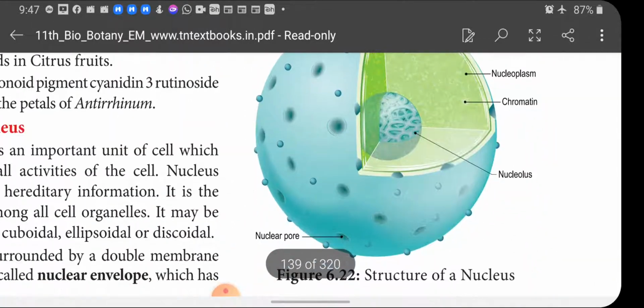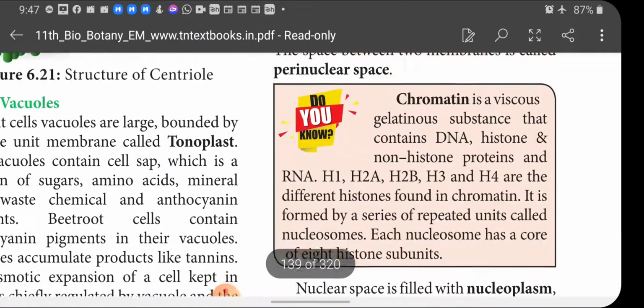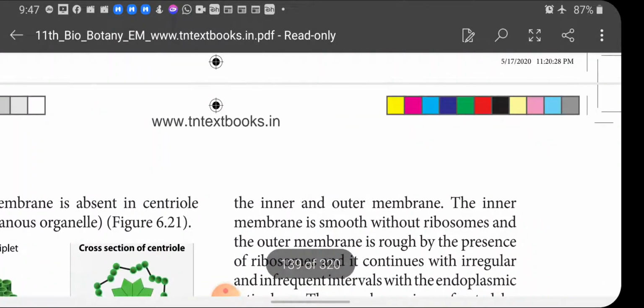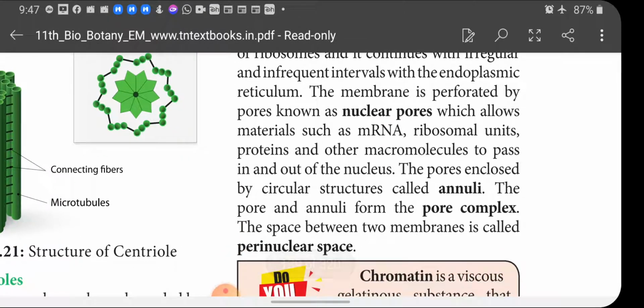It is shown here, the nuclear envelope. The nucleus is surrounded by a double membrane, outer membrane and inner membrane. At infrequent intervals, there are some pores, connecting with the endoplasmic reticulum.